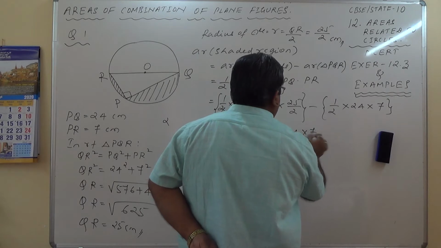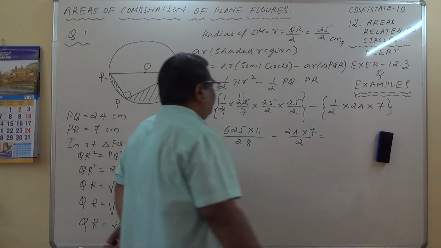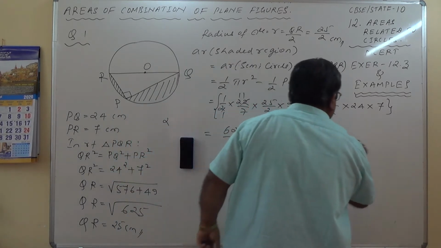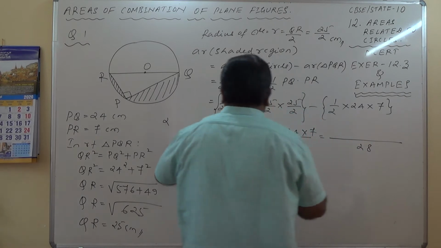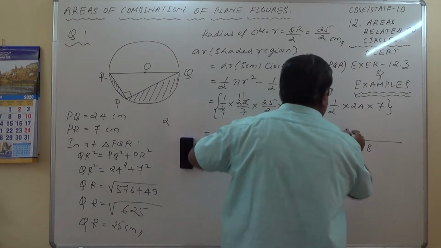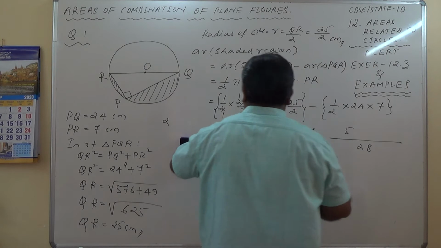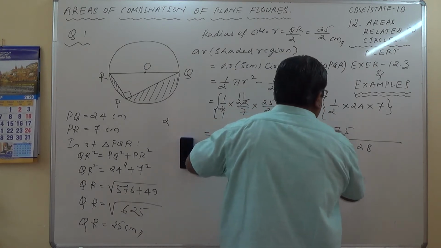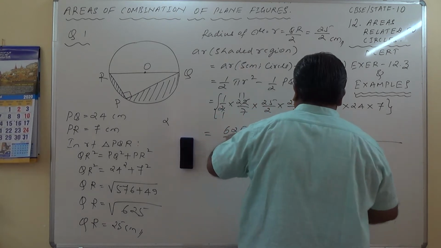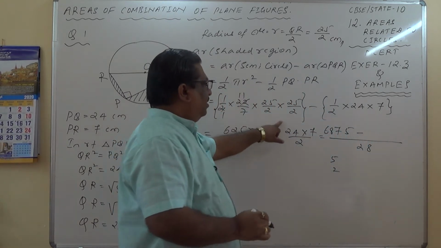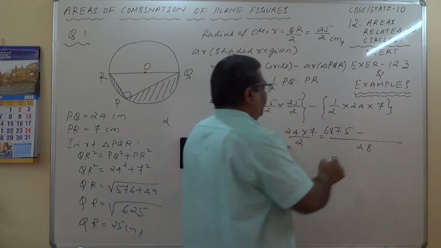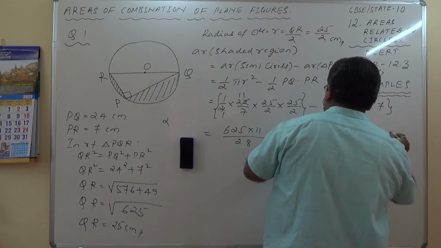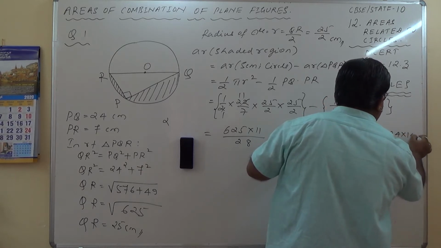Therefore 24 into 7 by 2, which is equal to, LCM is 28, 625 into 11, 6875 minus, 2 14s are 28, so 7 into 14 into 24. Do you understand here? 7 into 24 into 14 basically.